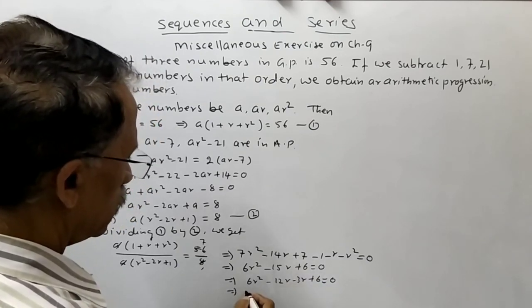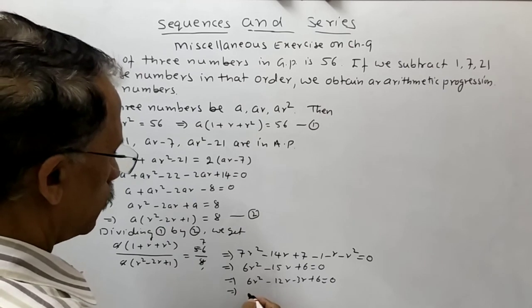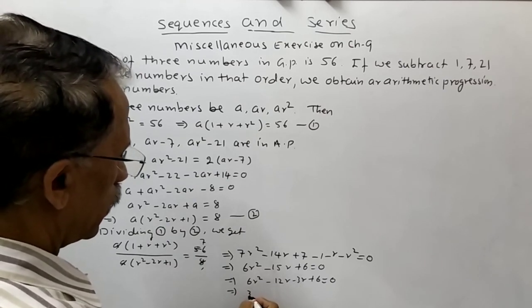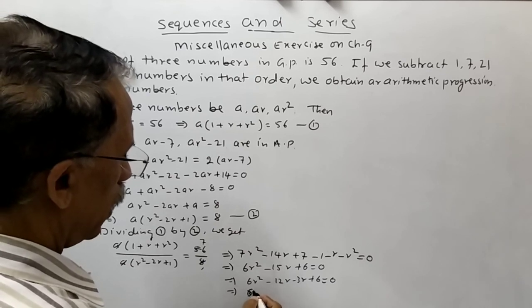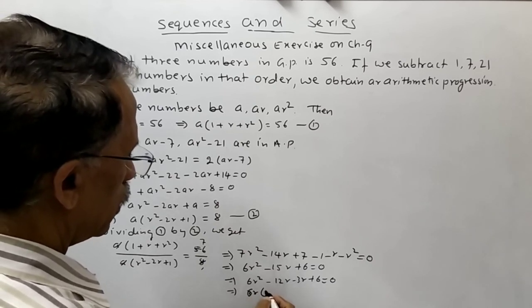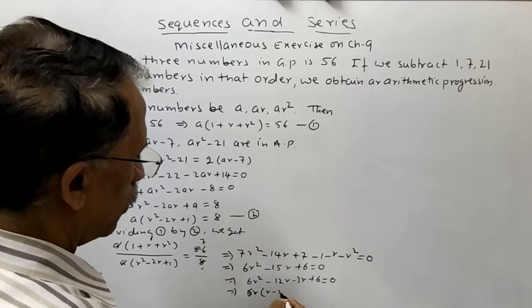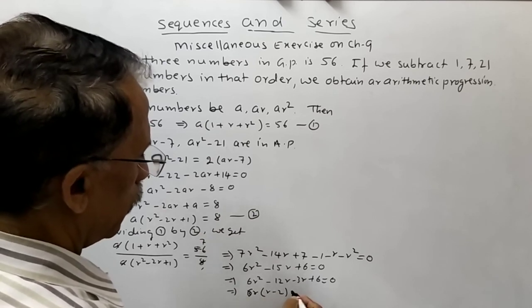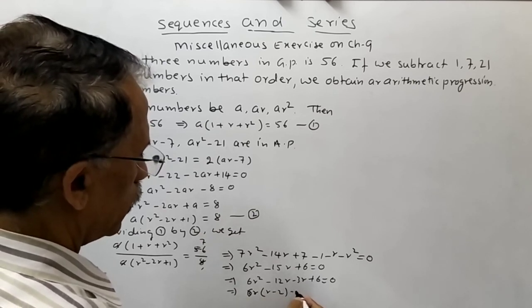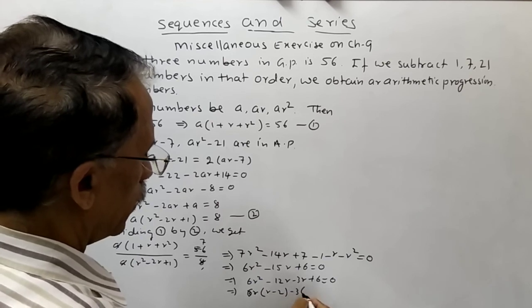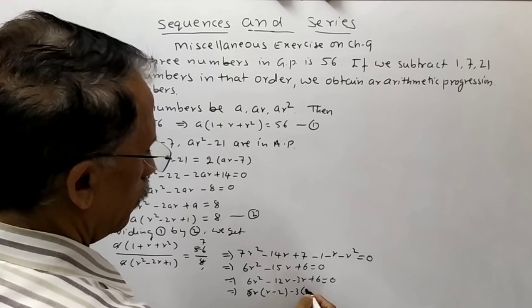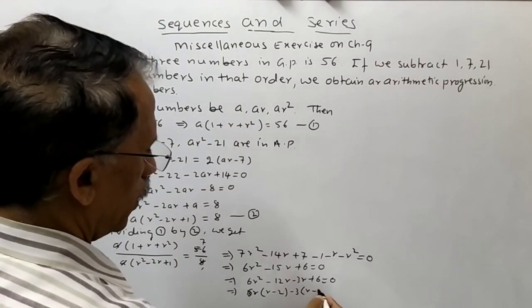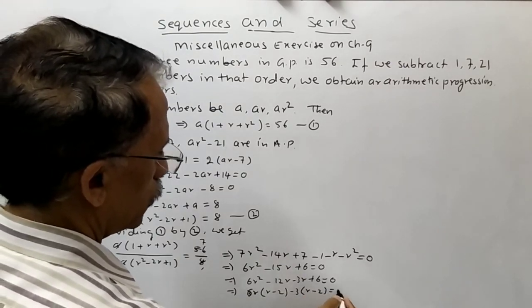This implies from the first two terms we can take 6r common, then we will get r minus 2. From the next two terms we can take minus 3 common, then we will get r minus 2 is equal to 0.